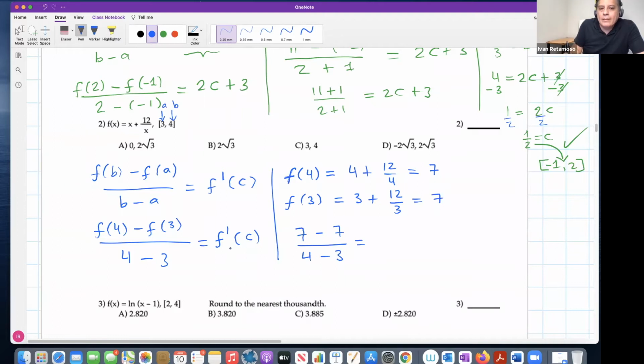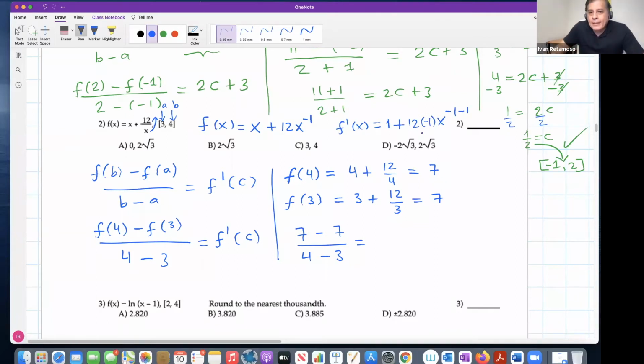That should be equal to the derivative of the function evaluated at c. But notice, guys, this function f of x can be written this way: x plus 12 multiplied by x raised to minus 1, right? I'm going to put this up here to facilitate the computation of the derivative, okay? So the derivative of that function should be the derivative of x, 1, plus 12 multiplied by this exponent coming down, minus 1, x raised to minus 2.